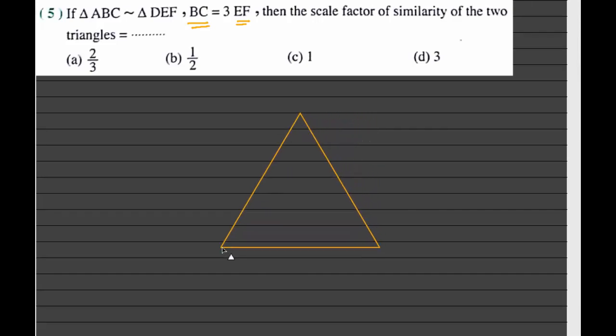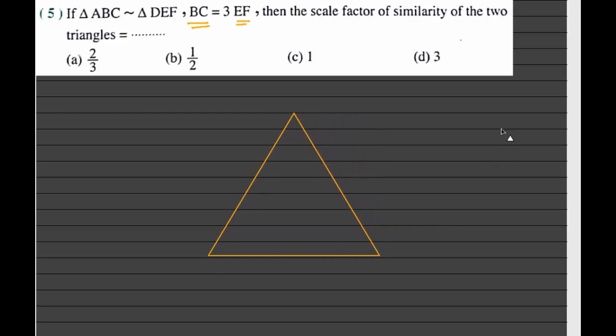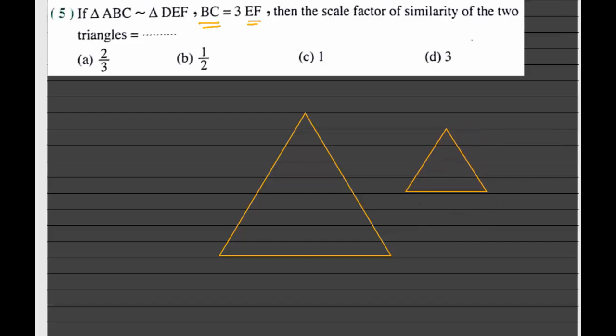Here is the first one and here is the second one. The first triangle is ABC and the other is DEF. Note that BC equals 3EF.